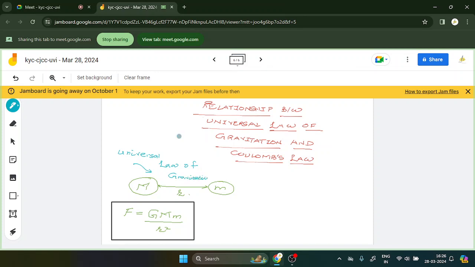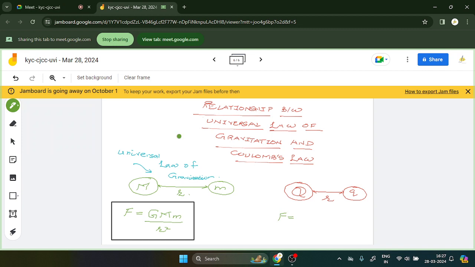Now when I am talking about Coulomb's law, there were two charges. Let us say this is Q and this is small q. You can also take q1 and q2, it doesn't matter, and these are also separated by the small distance r. There will also be a force acting between them, which is called the Coulombian force. Can you tell me what the formula is?